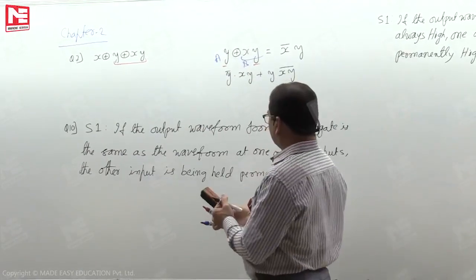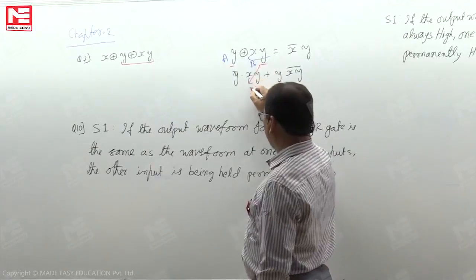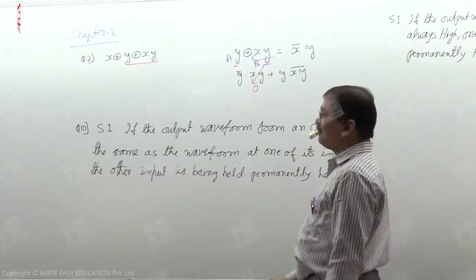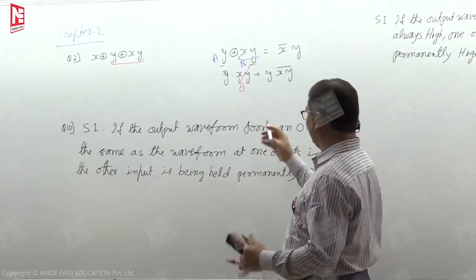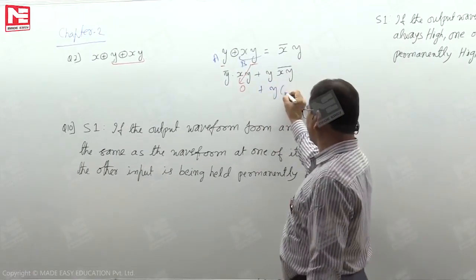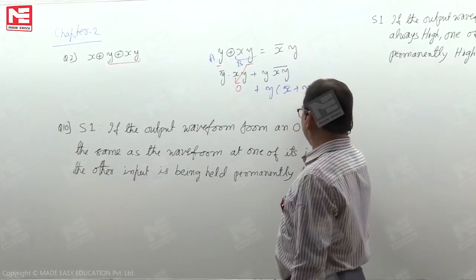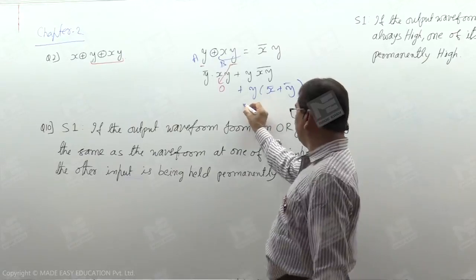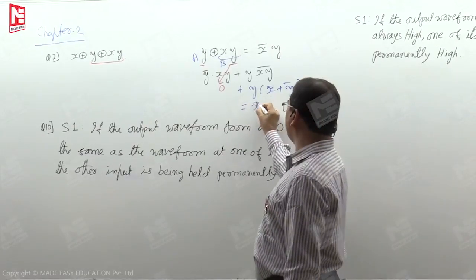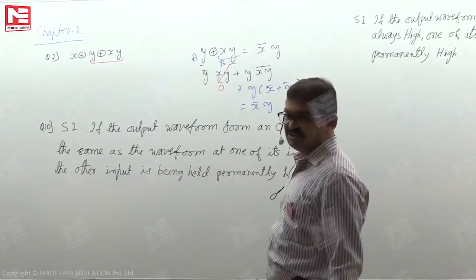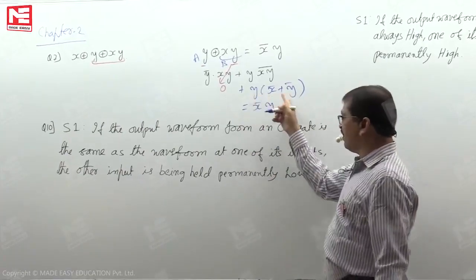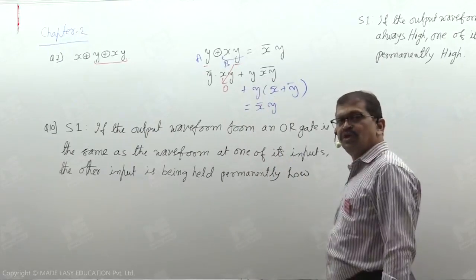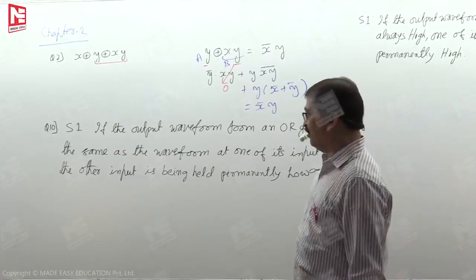This first product must be 0 because Y complement we are having. And the second one, expanding using De Morgan's property, the result will be X complement Y. Effectively, it is reducing to only X complement Y.